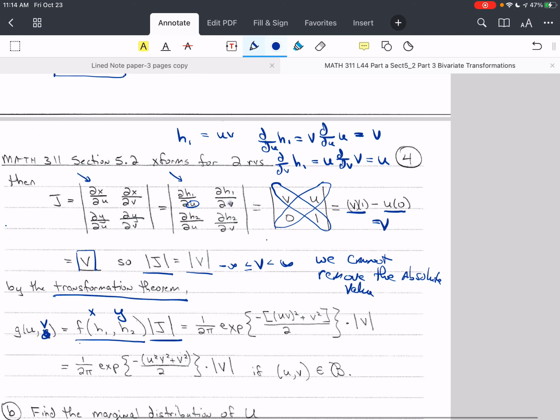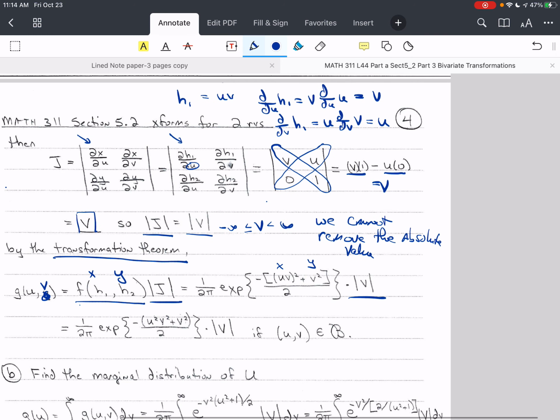And so we go back up to our joint PDF of x and y, and we substitute in. This was x squared plus y squared, so we have uv squared plus v squared in the exponent, times the absolute value of the Jacobian. So we can simplify this a little bit by taking our exponent and distributing it across u and v.